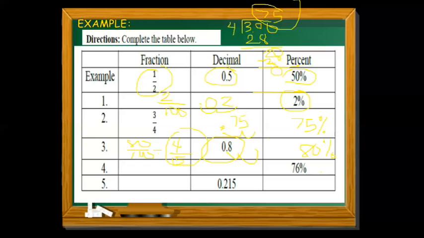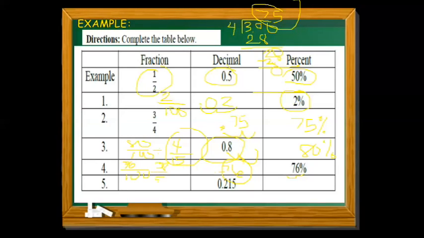Then last, 76%. So it becomes 0.76, because we will just move the decimal point, right? 1, 2. There, 0.76. And then our fraction becomes 76 over 100. So we will simplify it. It is divisible by 2. It becomes 38 over 50.